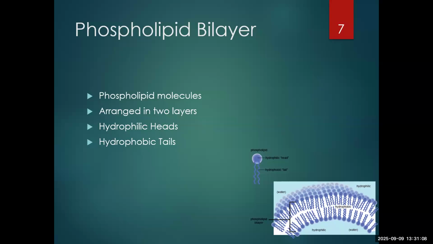So what this does effectively is it separates 2 watery components. I'll use our little initials here. So this is standing for what? Extracellular fluid, and ICF is intracellular fluid.